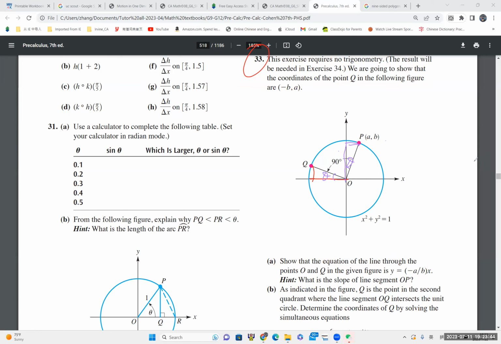A is this, B is this, and of course A and B are both positive. The length of this is A, this is B. But for x, it's negative, so it's negative B. For y, it's A and it's positive, so it's just A. Then we get it, right?